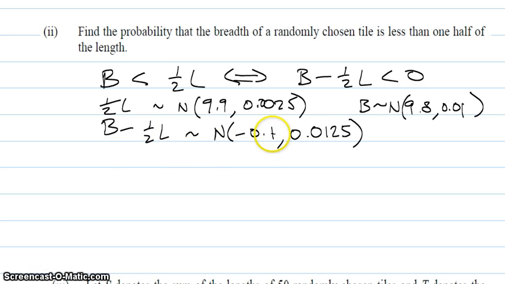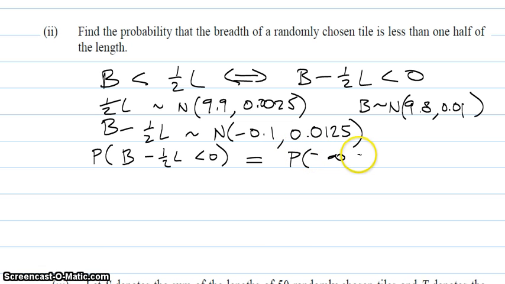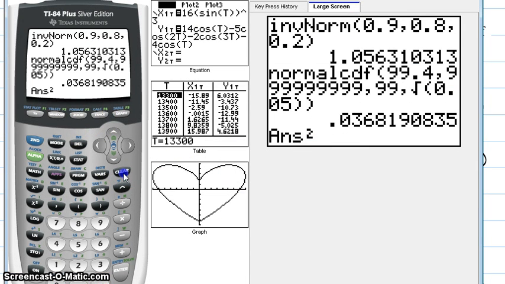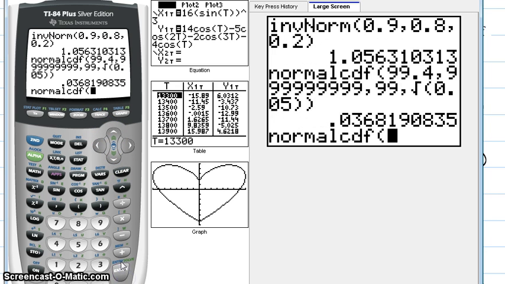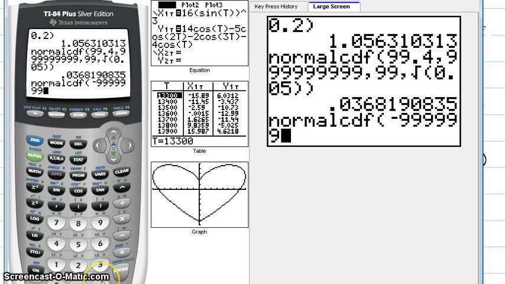So, again, now that we've got this, we just need to find the probability that B minus a half L is less than 0. That's the same thing as finding the probability that minus infinity is less than B minus a half L is less than 0. And so I can just do this on my graphing calculator using my normal CDF function. Distribution, normal. My lower bound was negative infinity. My upper bound was 0.